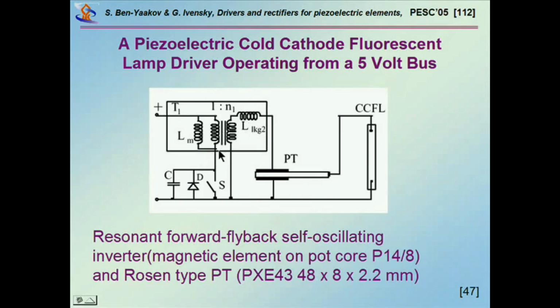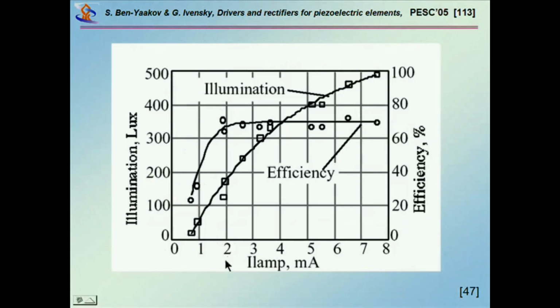This was used in order to boost up a 5 volt to fairly high voltages needed for this bulk single layer Rosen type transformer that needs around 100 volt. So from the 5 volt we generated about 50 to 100 volt, and then of course the piezo boosted it up to, I guess it was 600 volt or something of this nature.